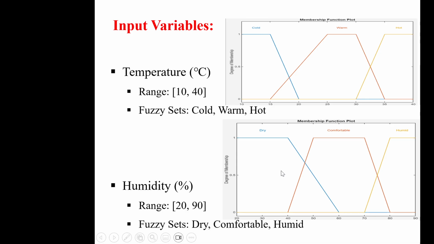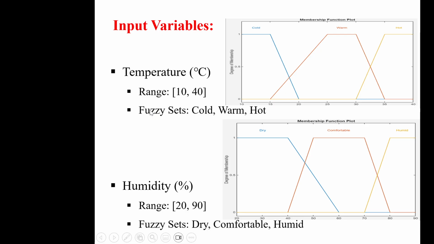To do that, we have been able to come up with some parameters. For the first input variable, which happens to be temperature, temperature is measured in degrees centigrade, and the range of interest is from 10 degrees centigrade to 40 degrees centigrade.